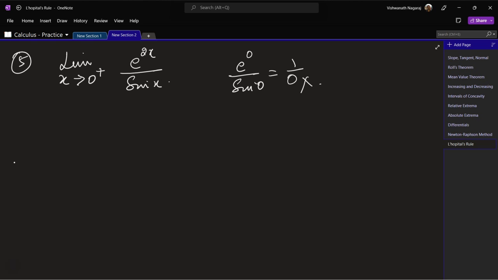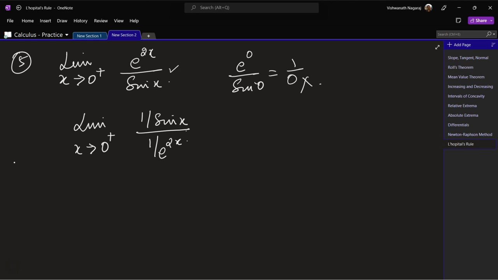But what we can do is write limit as x approaches 0 from the positive side of 1 by sin x times 1 by e to the power of 2x, right? If you simplify this, you will get this. Okay.